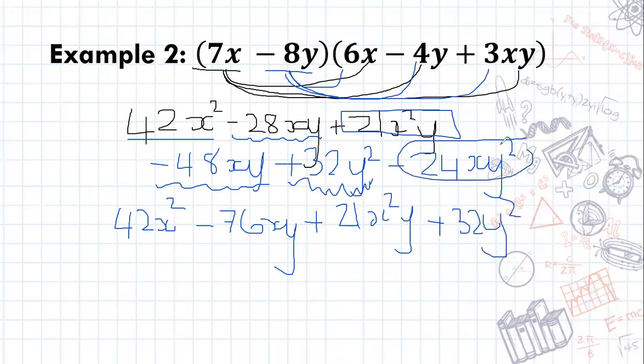And lastly, we've got this one, and we'll just write that one down. So there we go. So steps to follow: multiply every term in the second bracket with your first term, multiply every term in your second bracket with your second term, add your like terms together, and make sure that it is in alphabetical order when you write down your letters.